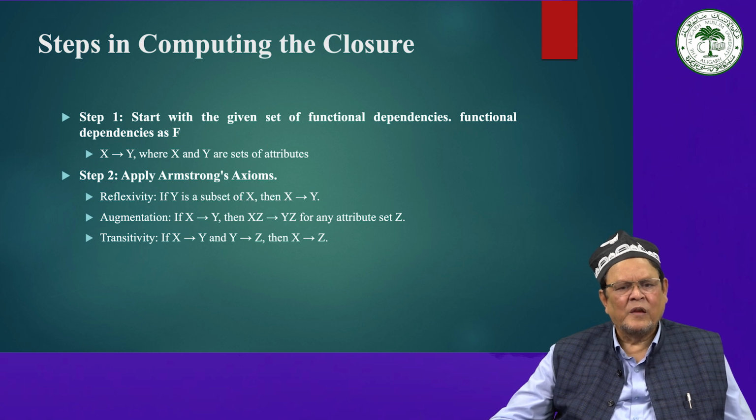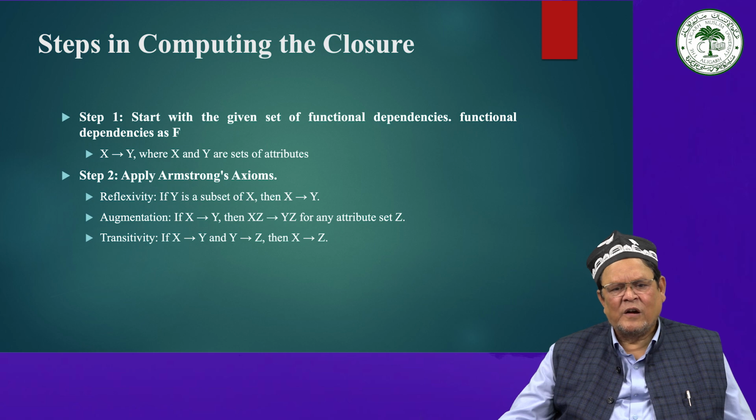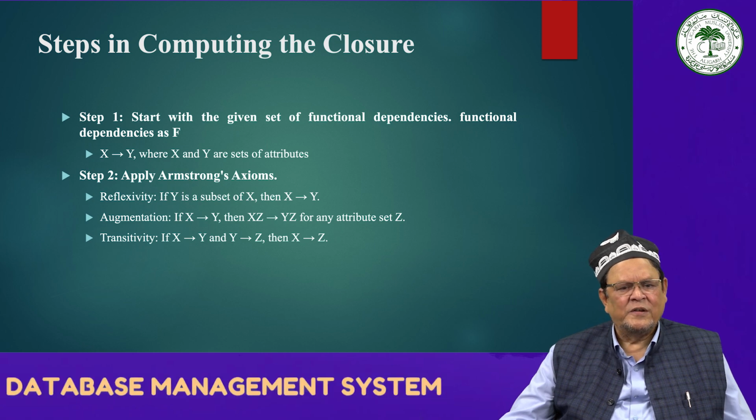Second step, apply Armstrong's axioms. Armstrong's axioms are a set of inference rules used to derive new functional dependencies from a given set. These axioms include reflexivity, augmentation, and transitivity.